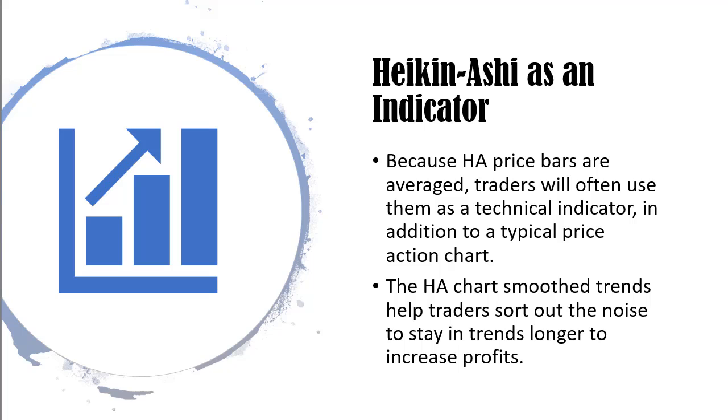Because they are averaged, one of the things that traders tend to do a lot with Heikin Ashi is to use it as a trending indicator. We all know that regular candlestick charts can get pretty jumpy, can get pretty wacky at times, right? All over the place, and make you nervous, particularly if you're watching them because they jump around so much.